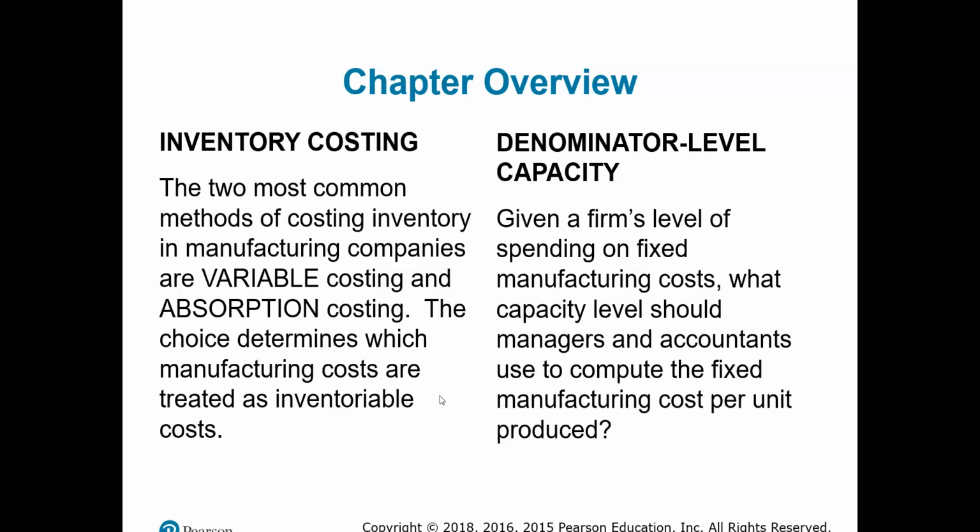So the choice we use is going to determine what our manufacturing costs are and what we count as inventory on the balance sheet. And in the next session, we'll talk about, given a firm's level of spending on fixed manufacturing costs, what type of capacity level we should use in making our budgets and calculating our fixed manufacturing cost per unit, and things like that.